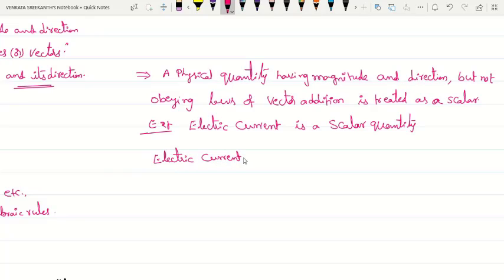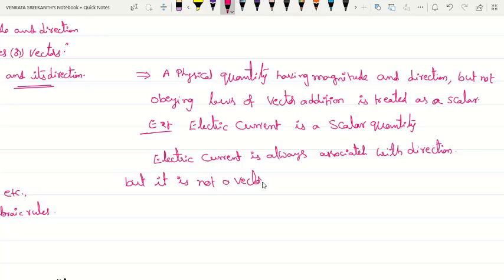Electric current is always associated with a direction, but it is not a vector quantity. Why is it not a vector quantity? Please concentrate here.